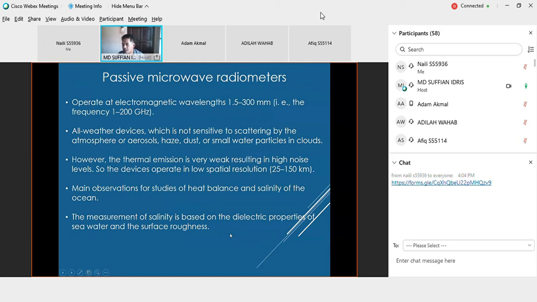And the measurement of salinity is based on the dielectric properties of the seawater and the surface roughness. Untuk salinity, dia tengok kepada the properties of seawater, segi conductivity and so on. Dia buat correlation between the seawater and salinity and try to relate with the microwave radiant.